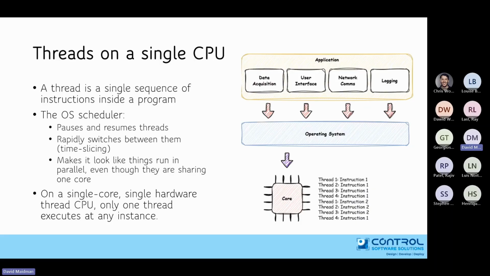What the operating system will then do is schedule this work and interleave the different threads into instructions that can be executed on the CPU. So as an example here, we've got a single core. It's going to do an instruction from thread 1, then an instruction from thread 2, an instruction from thread 3, and so on.